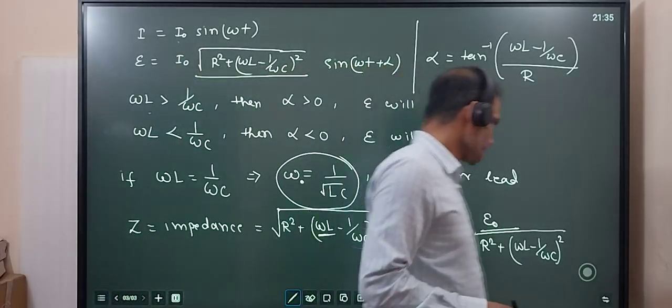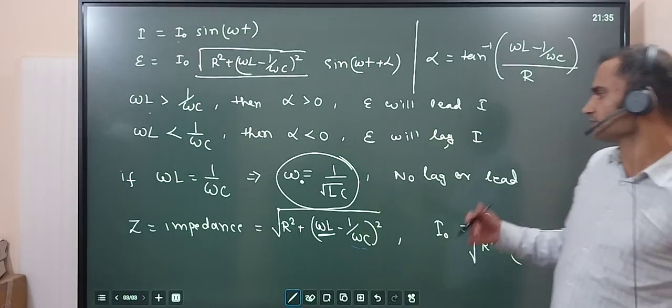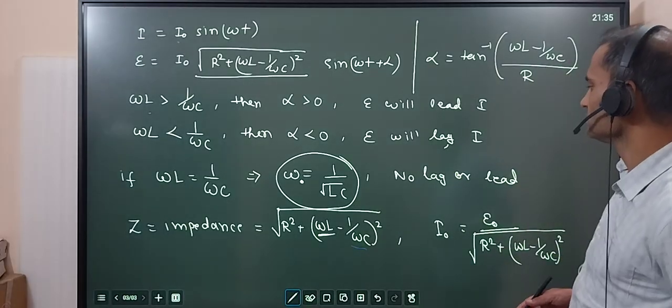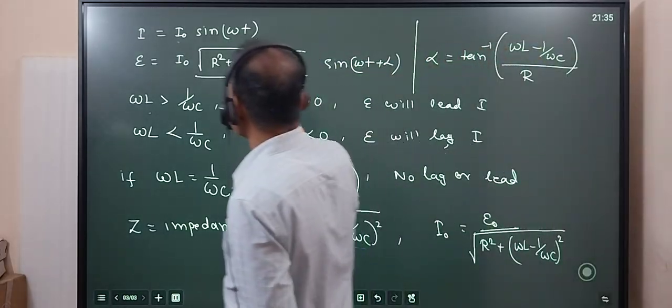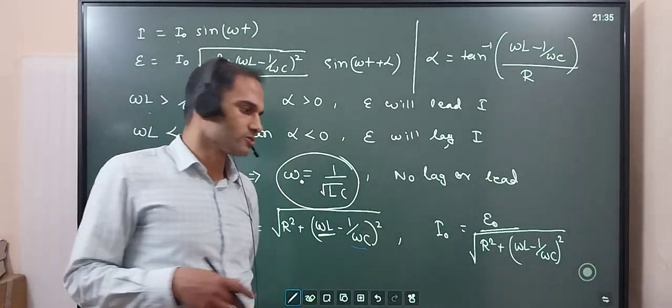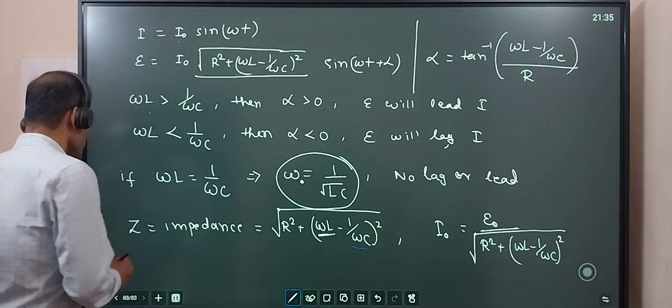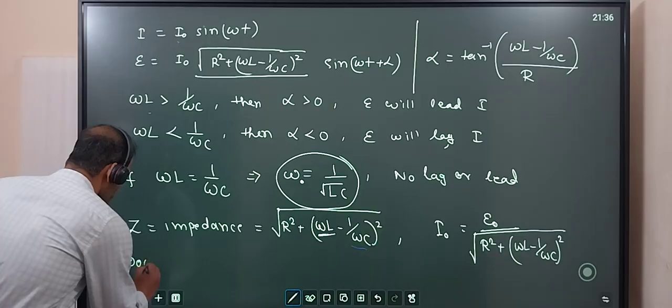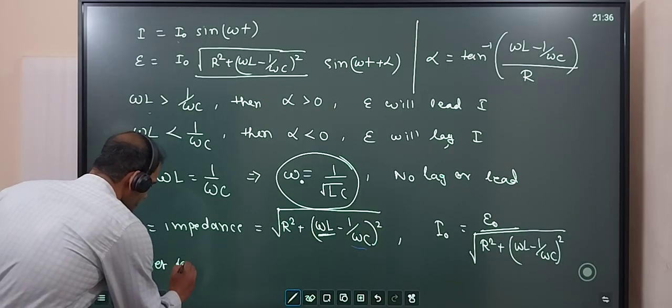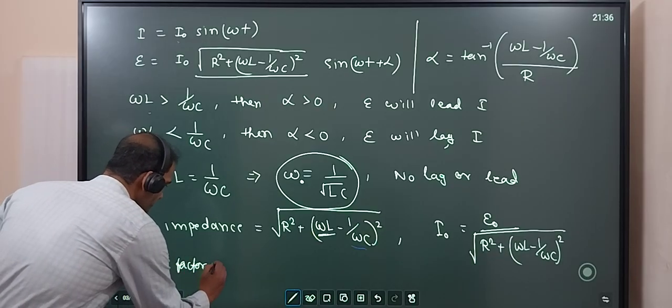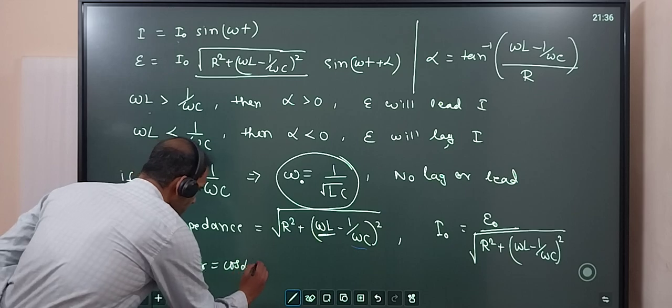Now we understand all this part. We understand this tan alpha part also, and I will define one more thing, which is called power factor. Power factor is cos alpha.